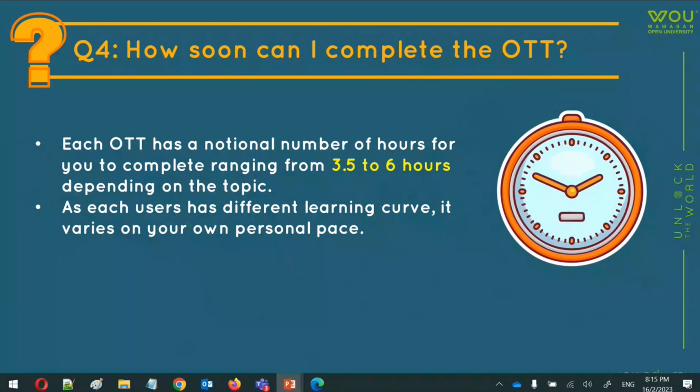So actually, for all the topics, you have a notional hours ranging between 3.5 to 6 hours per topic. But again, it's a self-paced course. So when it's self-paced, it depends on your learning curve. If you've been tutoring for a while, you know your stuff, then probably you can complete it much earlier than you expected. Okay.